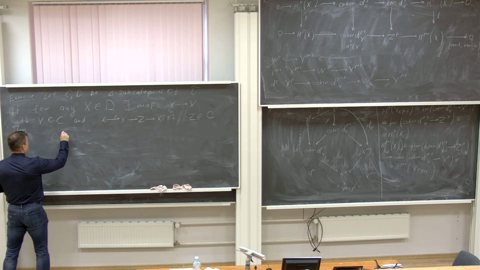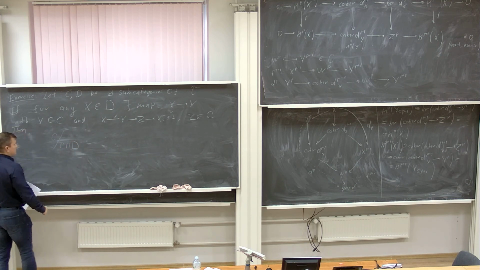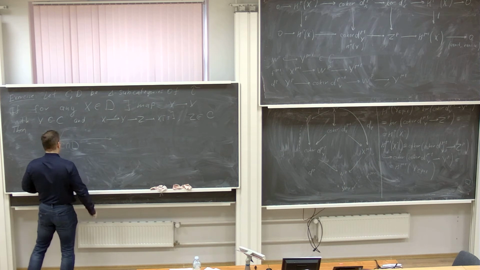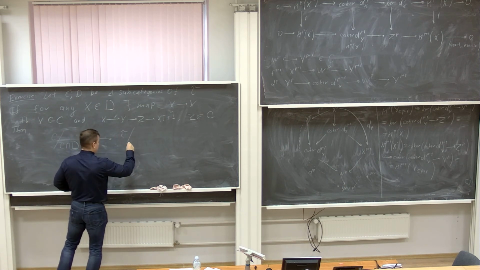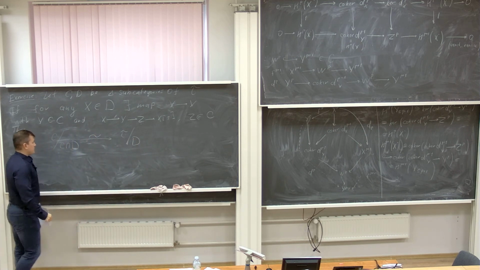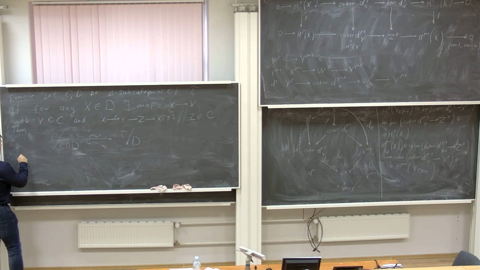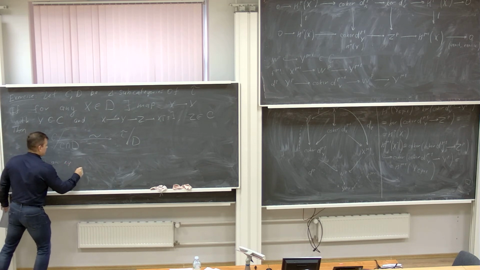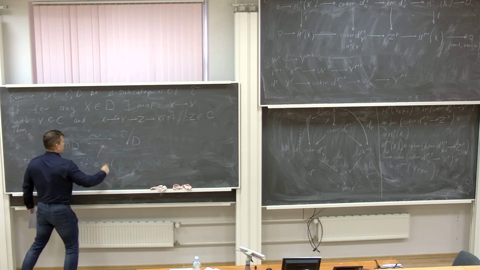You can take the quotient of C by the intersection of the two triangulated subcategories, C and D, and have a canonical functor to the quotient of T by D, and this gives you an equivalence of triangulated categories. So there is an equivalence of triangulated categories like this.